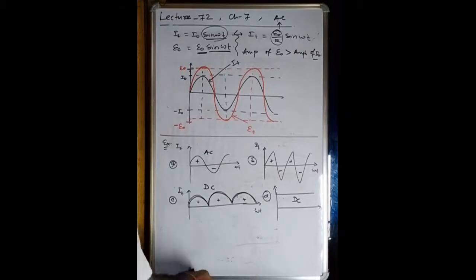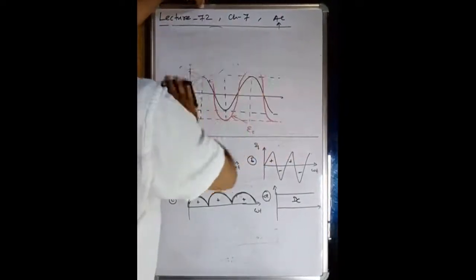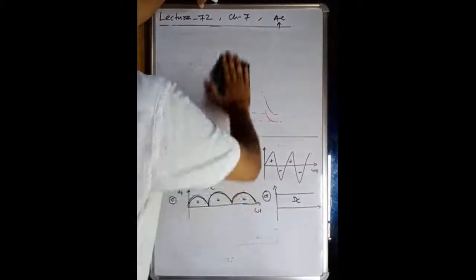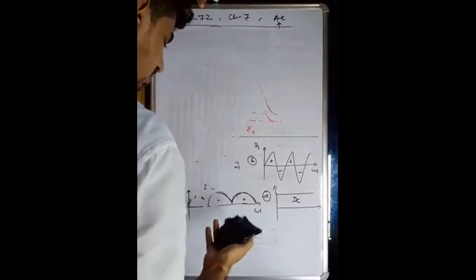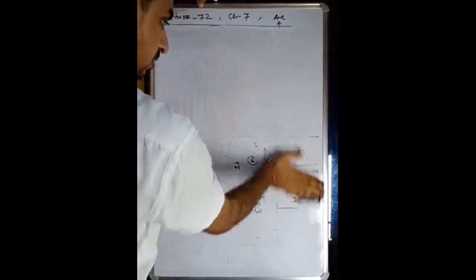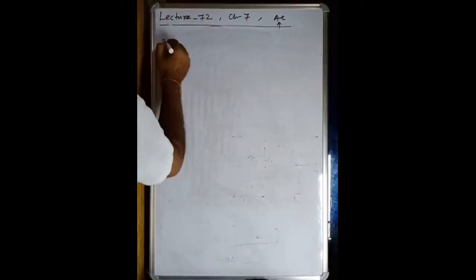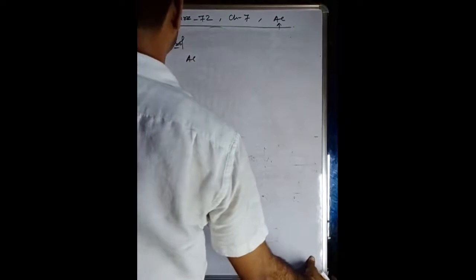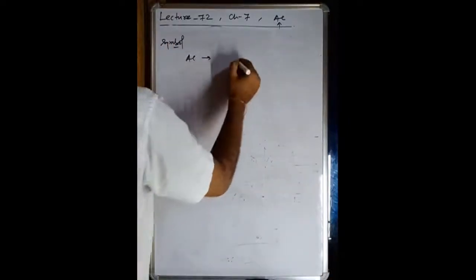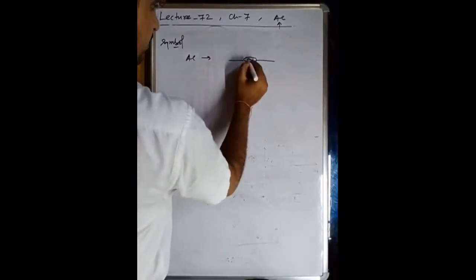Symbol, my dear students, what should be the symbol of AC current and DC current? Okay, so look here. For AC we use a symbol like this, the alternating pattern shown inside a circle.